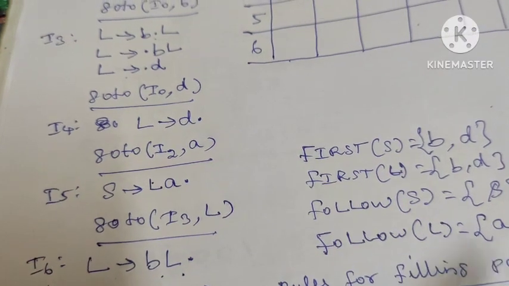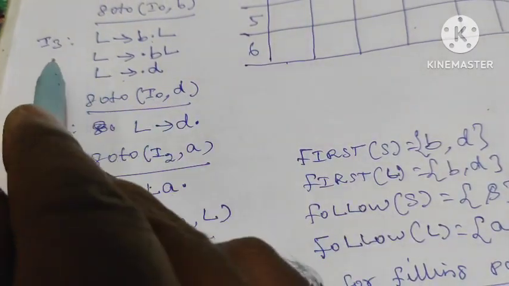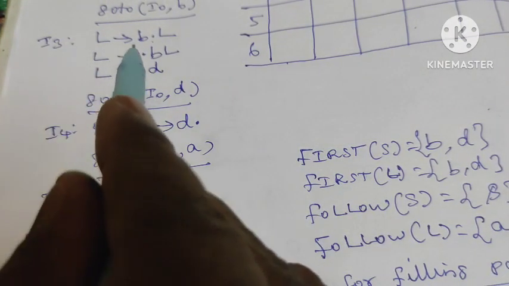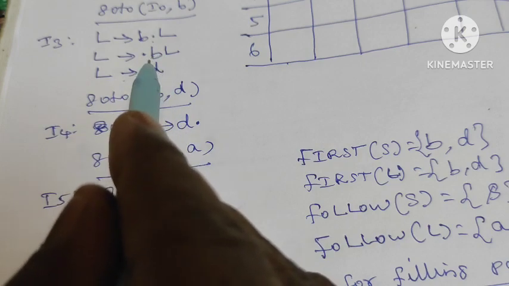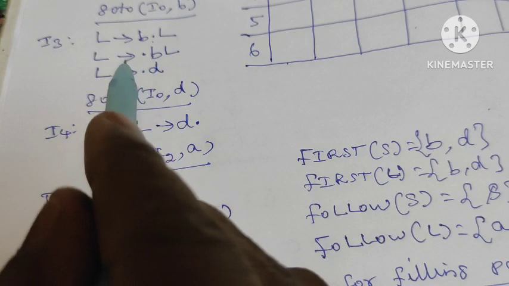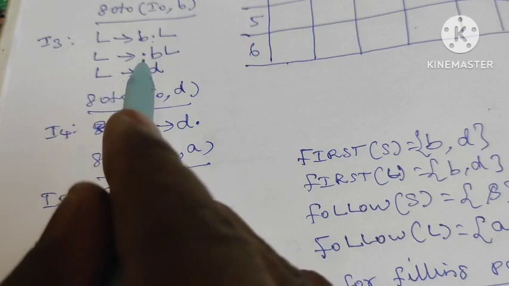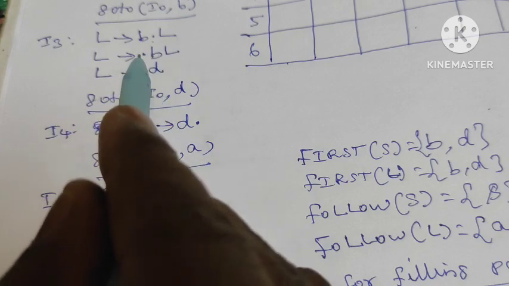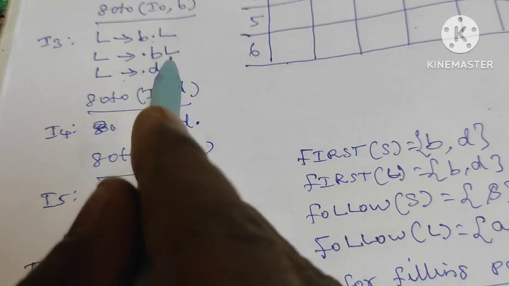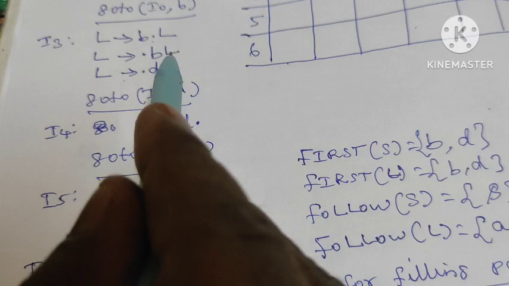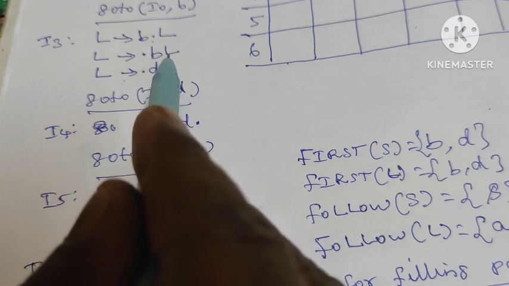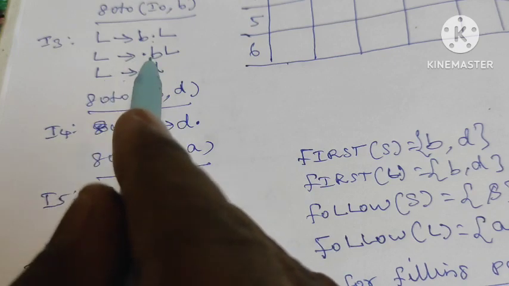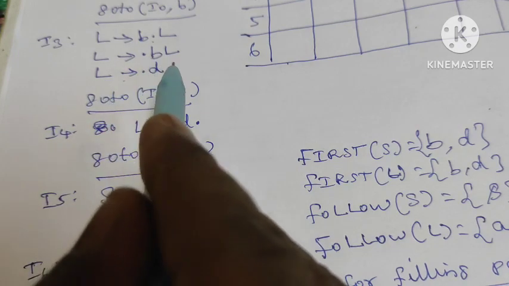So now again go to I3 here. In I3 you can see that a dot is before B. Now we have to process this. When we process this, we'll place this dot in between B and L. So it will become L tends to B dot L. So now what happens is B dot L, since dot is before L, once again we have to find the closure operation of L. So L production will be introduced, L tends to dot BL will be there, L tends to dot D again.